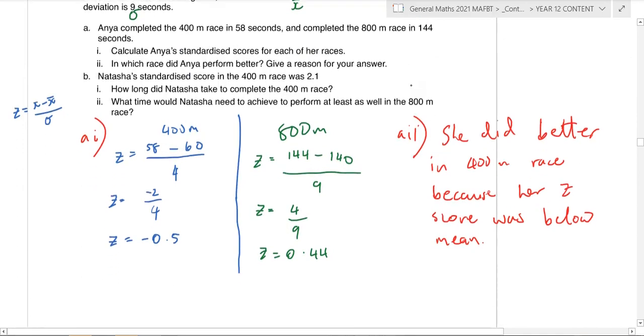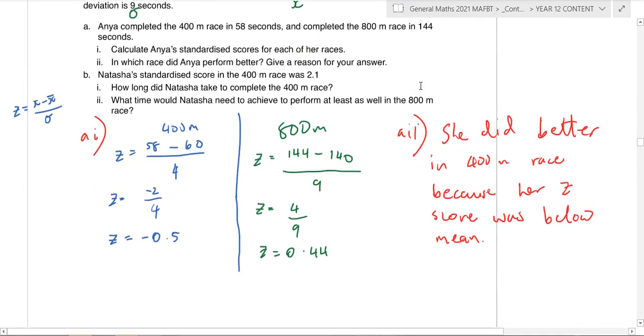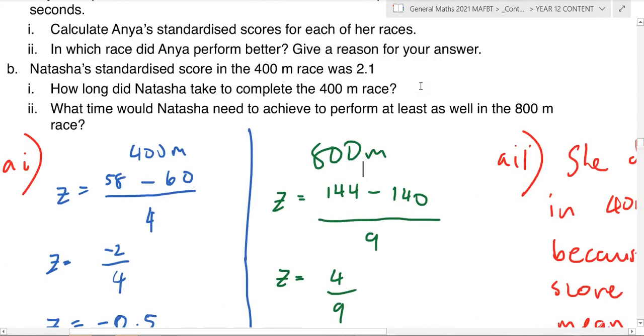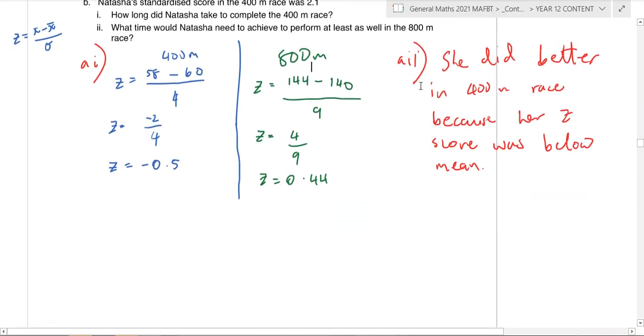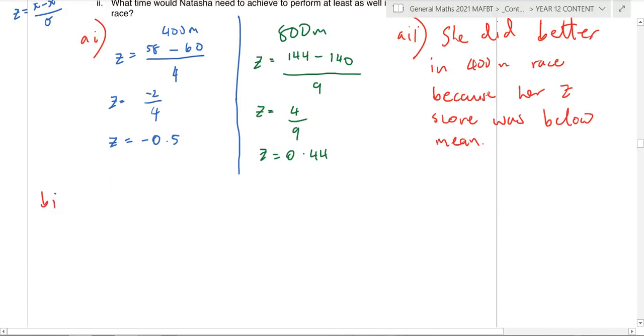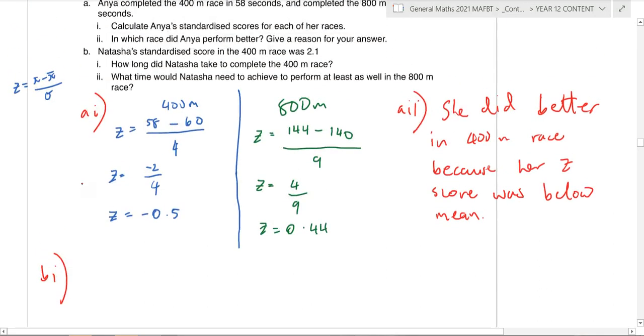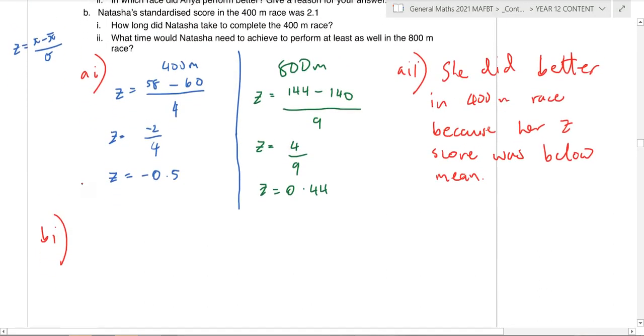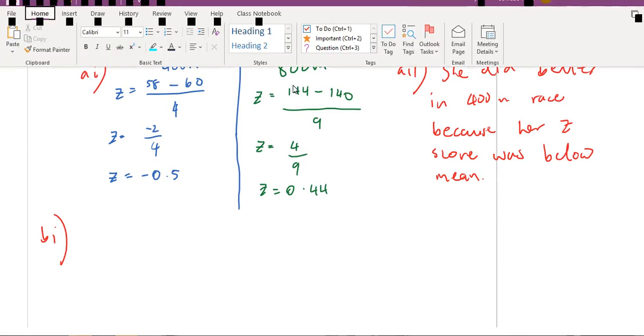Natasha's standardized score in the 400 meter race was 2.1. How long did it take for Natasha to complete the 400 meter race? So we're trying to figure out her original time. Remember the Z-score rule here? So she got a Z-score of 2.1 there. So let's write that down.